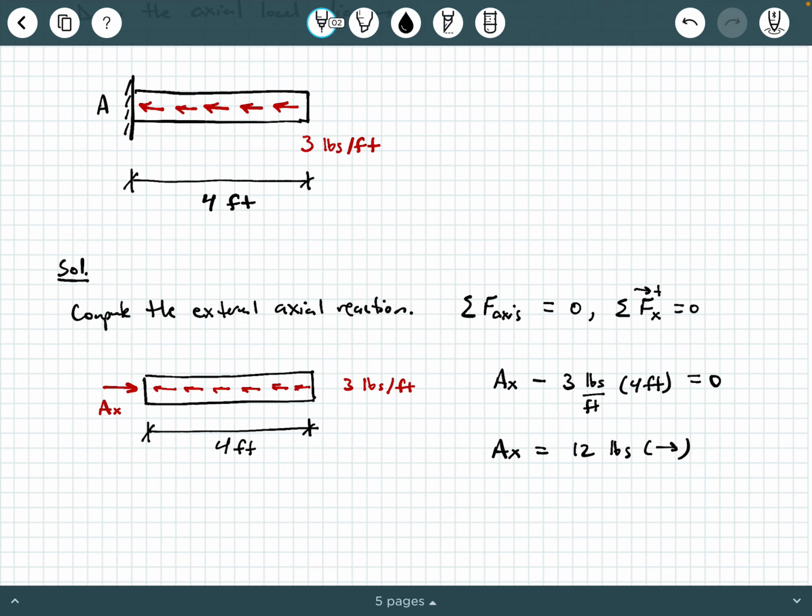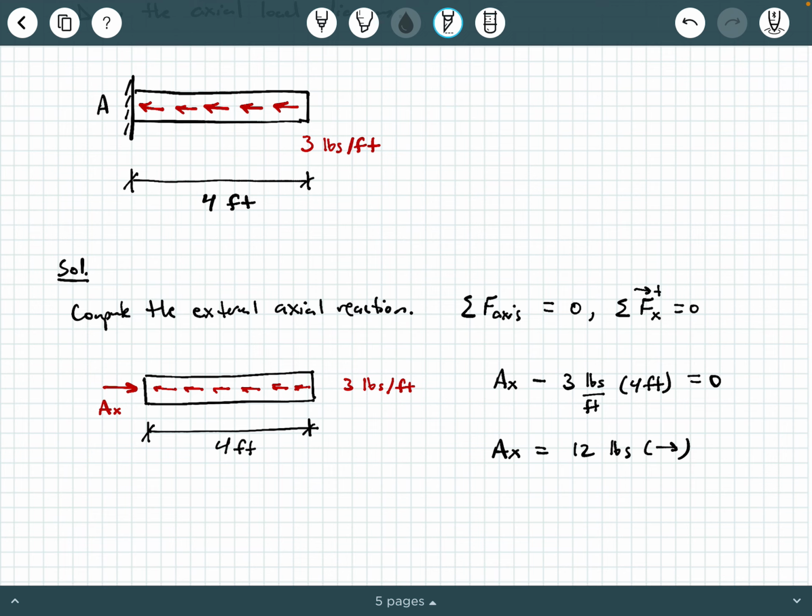And again, it's pointing to the right because when you rearrange this equilibrium equation, you're going to get a positive 12. The other reason, you can just think about it, if the applied load is all pointing to the left, then the reaction has to counteract that and be pointing to the right. So you can think about it from a physical sense as well.